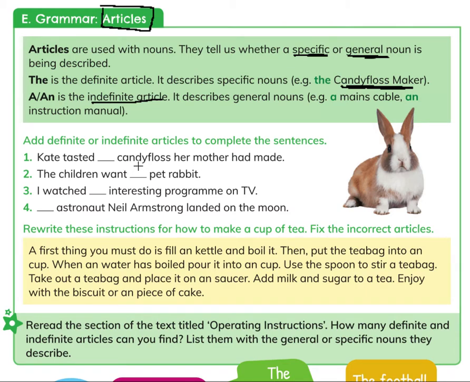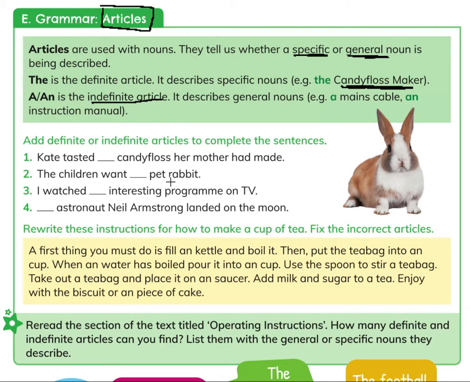Now, if her mother made lots of candy flosses and she tasted one of them, you could be saying Kate tasted a candy floss her mother had made. That would be the indefinite article, but I think it makes more sense on this one to use the definite article, which is the.